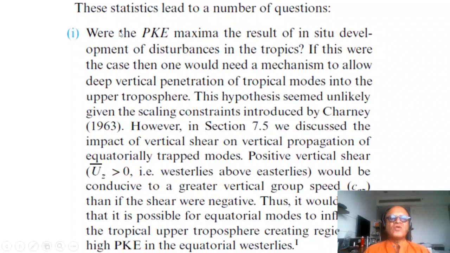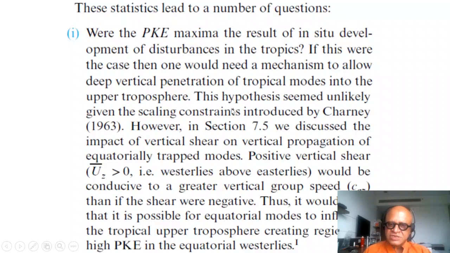So these high correlations raise some interesting questions. Are the potential kinetic energy maxima the result of in situ development of disturbances in the tropics from the lower levels, let's say injecting energy into the higher upper levels? If this were the case, then one would need a mechanism to allow deep vertical penetration of tropical modes into the upper troposphere.